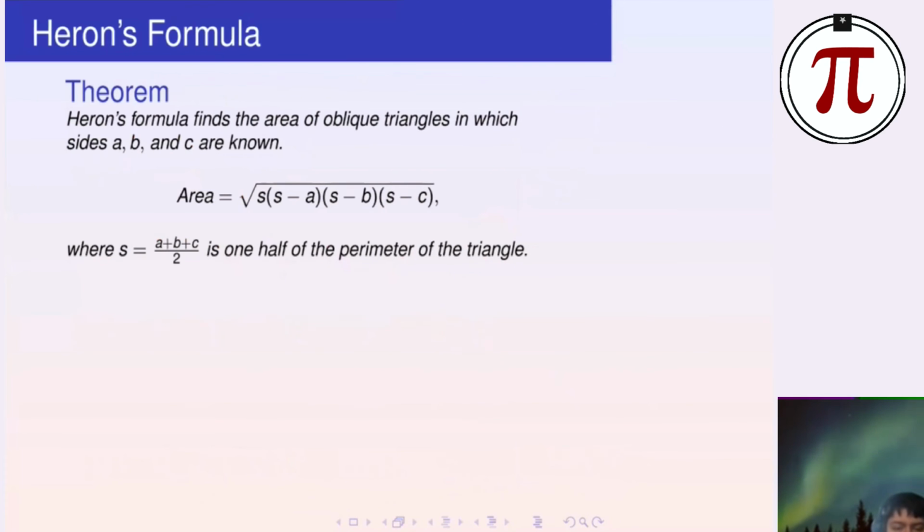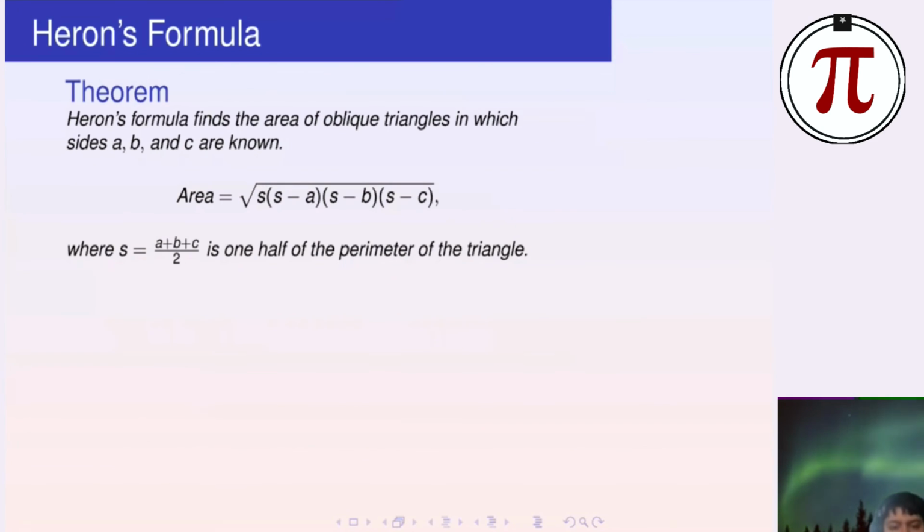So now here is the so-called Heron's formula. This Heron's formula just uses the sides of a triangle to find the area of the triangle, the oblique triangle. So Heron's formula finds the area of oblique triangles in which the sides a, b, c are known.